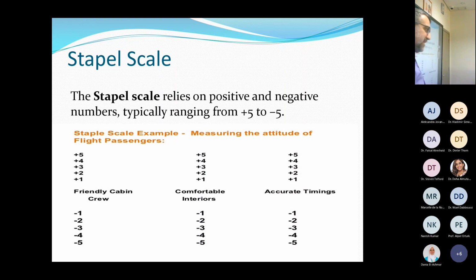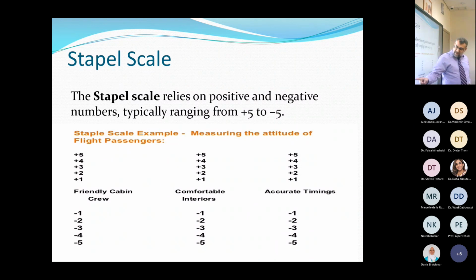So basically, we're going to allocate a scale because we're not going to put negative numbers in SPSS. How are we going to code it? -5 will get 1. -4, 2. -3, 3. And so on, 4, 5, 6, 7, 8, 9, 10. So if he selected -5, you don't need negative values in Excel or SPSS or whatever you use. You put 1. Why do I give it 1?